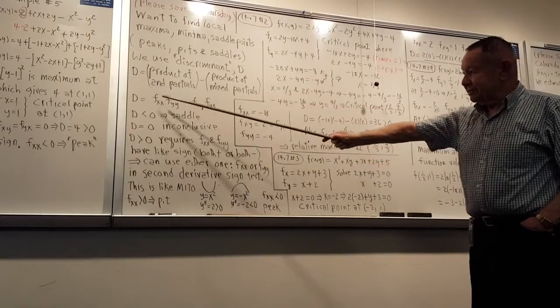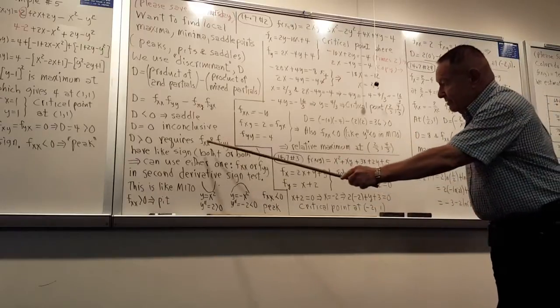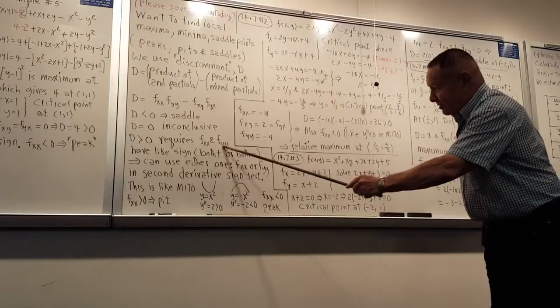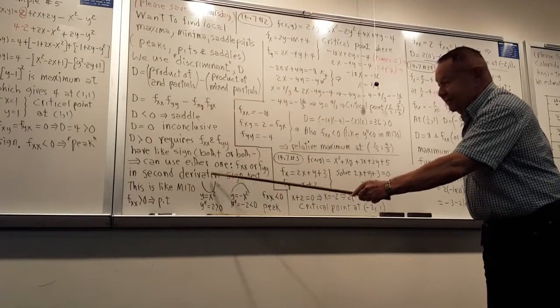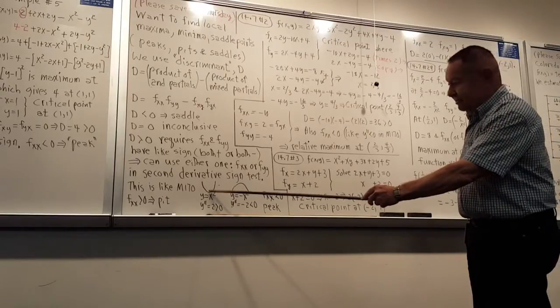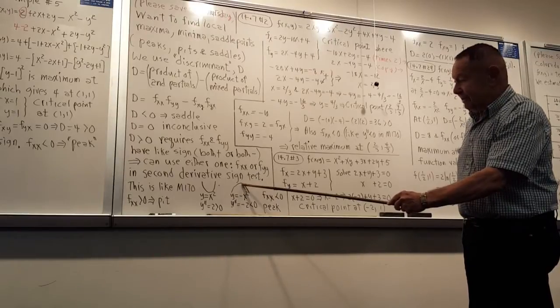So since the signs have to match in this case, you could use either the second partial with x or the second partial with y as your sign test to choose between minimum, in other words a pit, and maximum, in other words a peak.